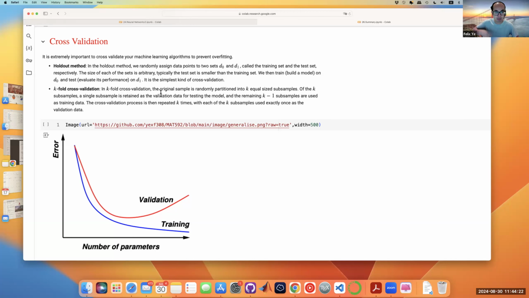Out of the k subsamples, a single subsample is used as the validation data, and the remaining k minus one are used as the training data. Then you repeat everything k times, so each of the k subsamples is used exactly once as the validation data.